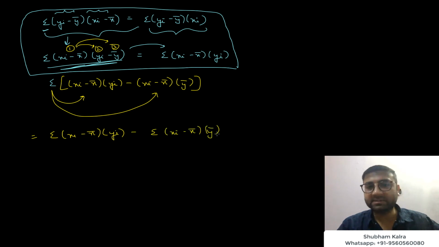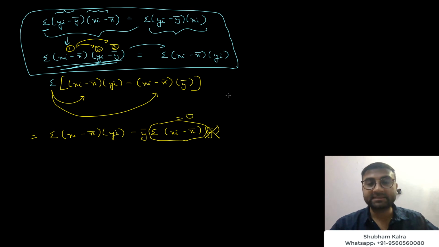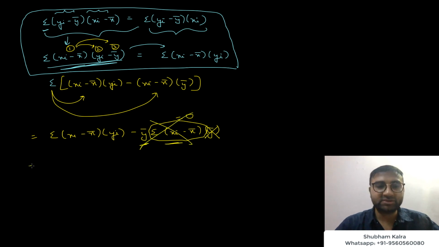Now once again, y bar is a particular constant because we are doing this OLS exercise for a given sample, so I can take y bar outside. And this summation of xi minus x bar is going to be equal to 0, because as I just showed you, the sum of deviations from the mean is always equal to 0. So by using the same property, this will become y bar multiplied by 0. This will go away and this is just equal to summation of xi minus x bar multiplied by yi, and this is what I claimed over here.